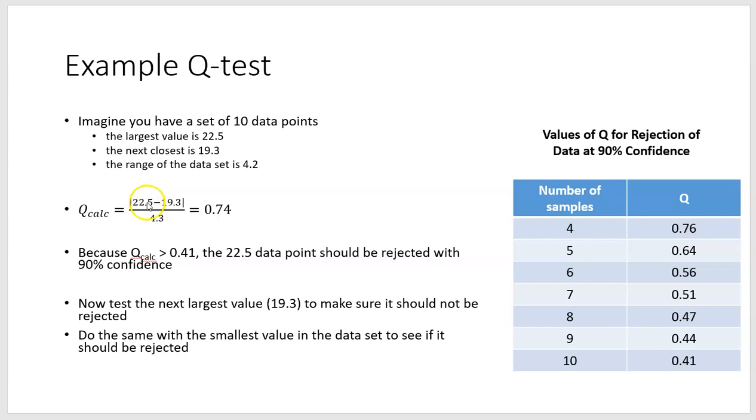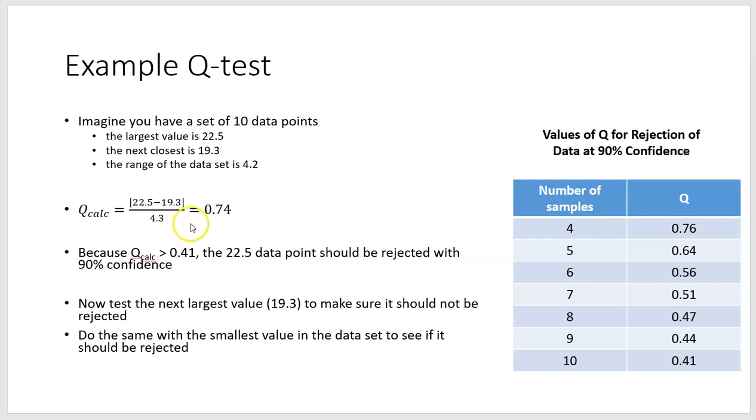We're going to have 19.3 and the next closest value, which is probably going to be a lot closer. The 9 data points only lie between 19.3 and 18.3. And so there's a higher probability that we're going to have a Q value less than 0.41, and therefore we can accept the data. You want to test the upper data point, but also you want to test the lower data point.